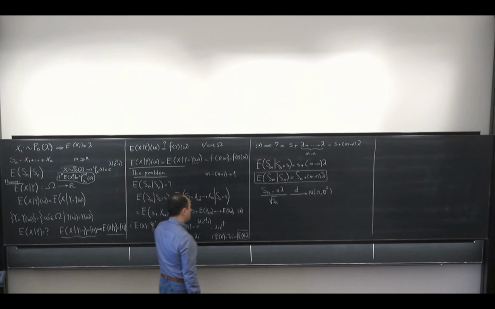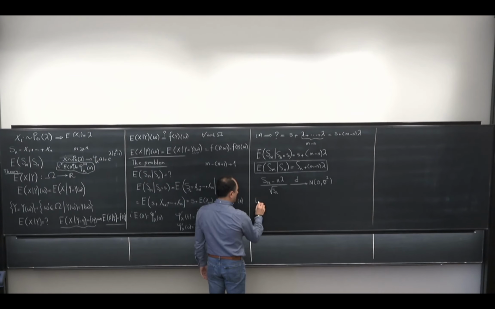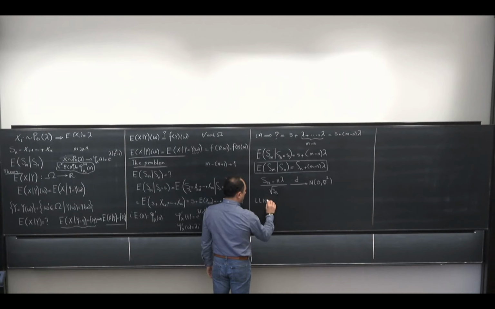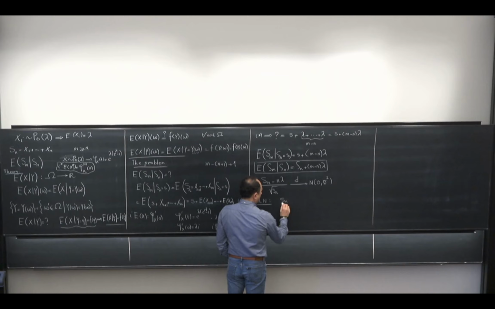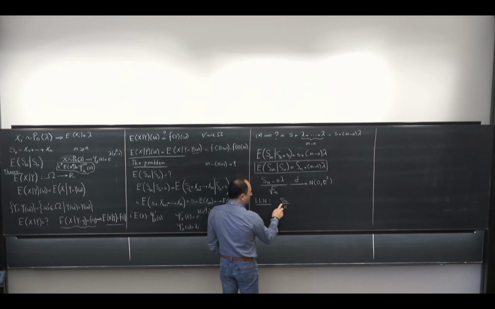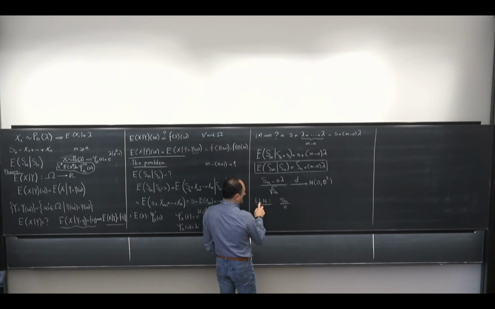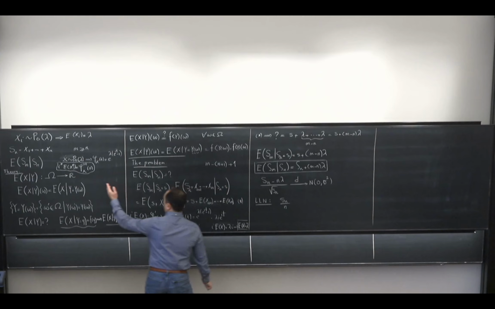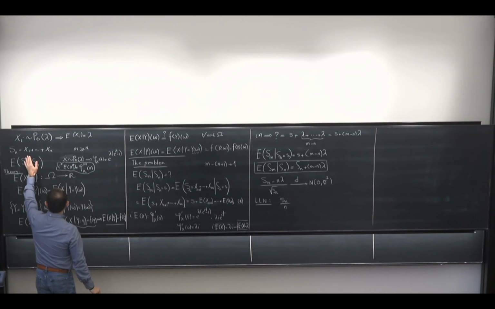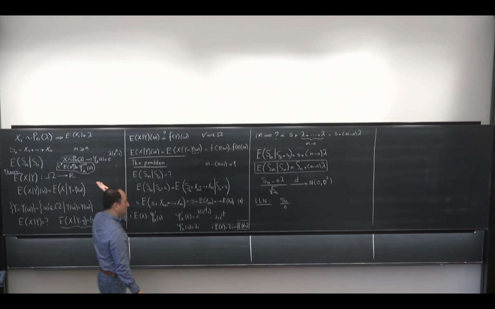So let us review the content. If I want to write the LLN theorem, what is LLN? It tells you that S_n divided by n. Of course, for the conditions for LLN and CLT, you need to know that the x_i's are independent and identically distributed, which in this case they are.